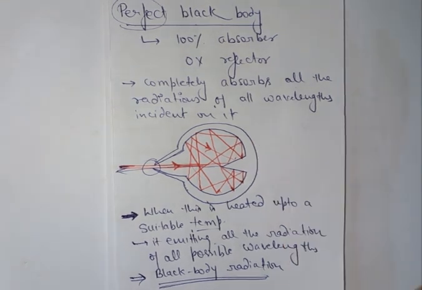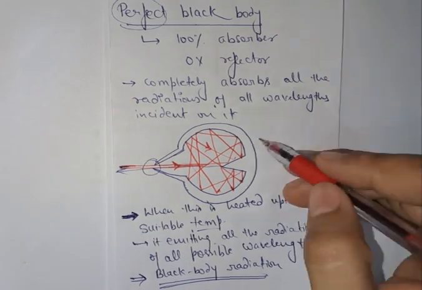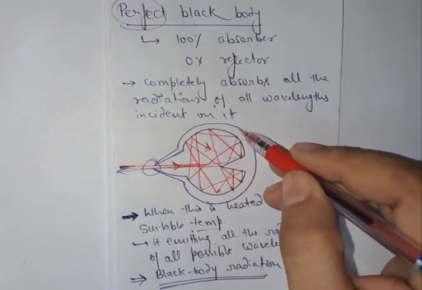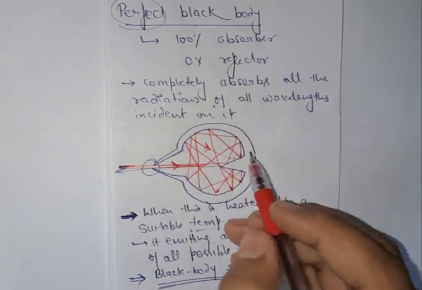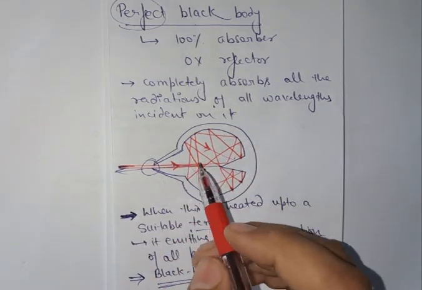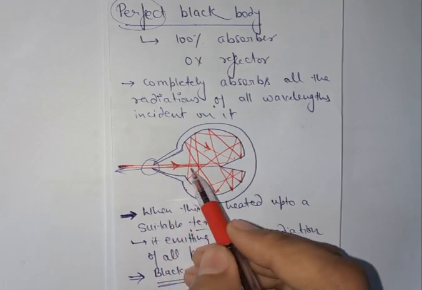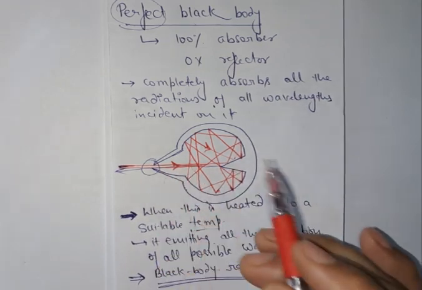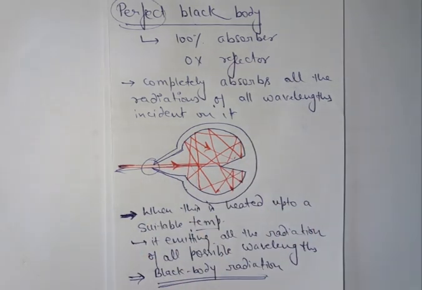You may consider that the walls are not radiating any kind of heat, just the opening is letting the heat energy escape. So that is what black body radiation is.